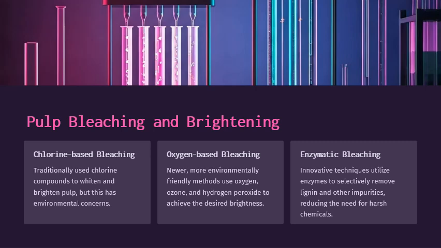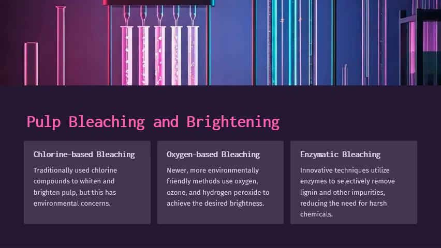Pulp bleaching and brightening. Chlorine-based bleaching is traditionally used, with chlorine compounds to whiten and brighten pulp. But this caused environmental concerns, as chlorine is a dangerous compound. We have the oxygen-based bleaching.